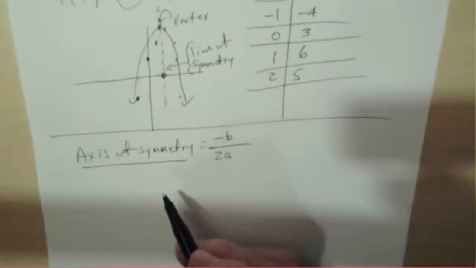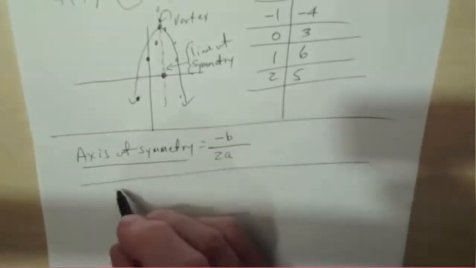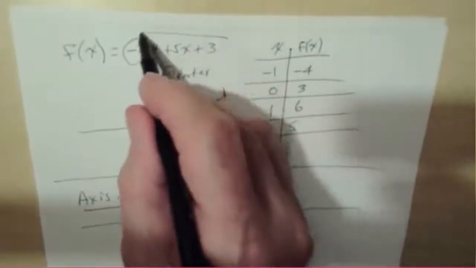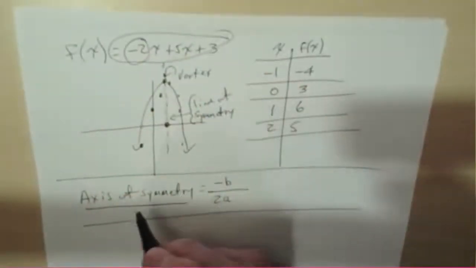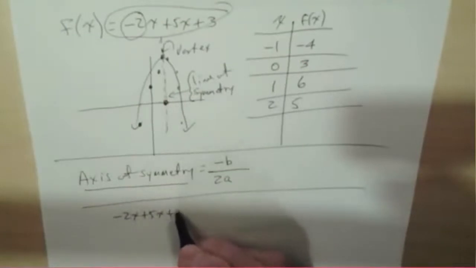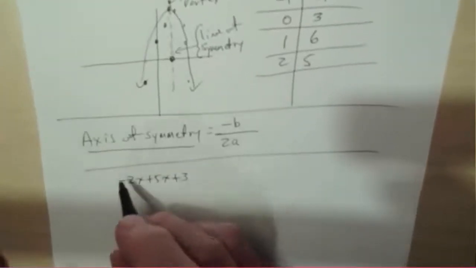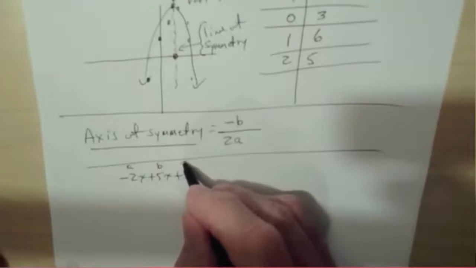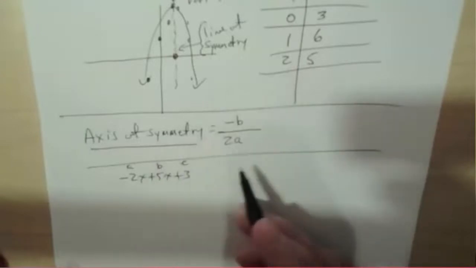So if you have, let's say we had this formula up here, negative 2x squared plus 5x plus 3. Okay? This is A, this is B, and that C doesn't come into play here.